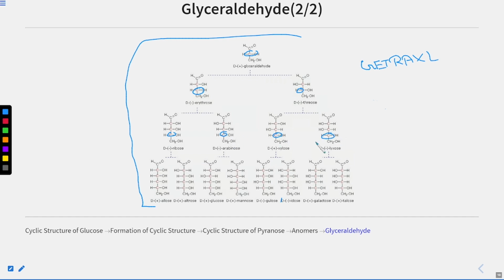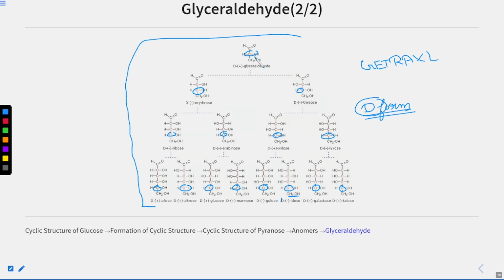Now you will see in all of this that the OH group is present on the right side. So if your OH group at this carbon that is just next to CH2OH is present on the right side, then we will call it the D form.